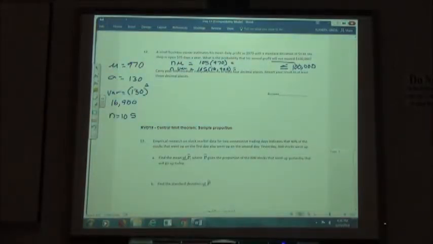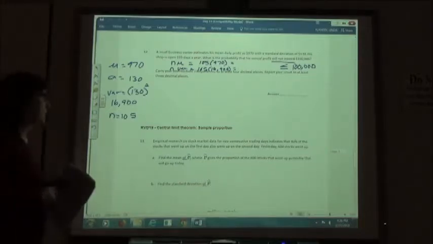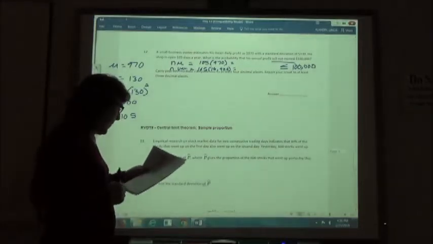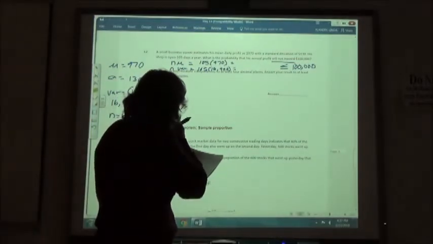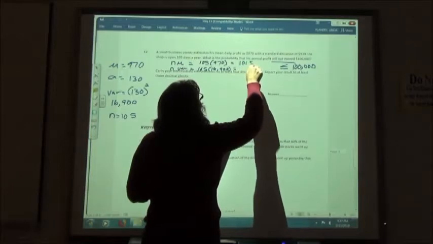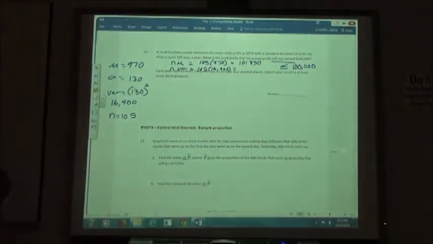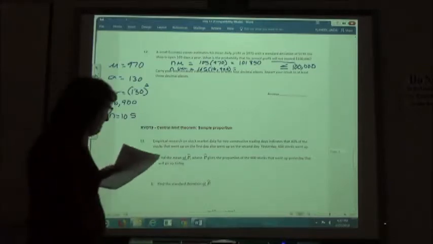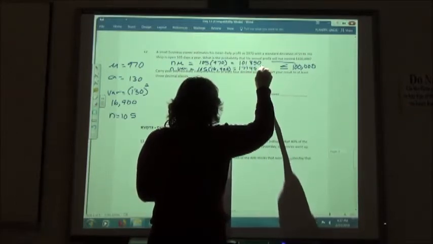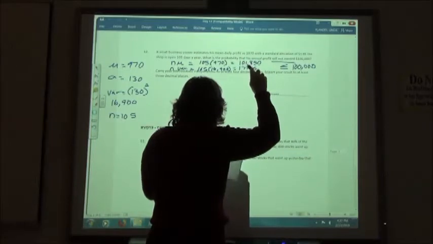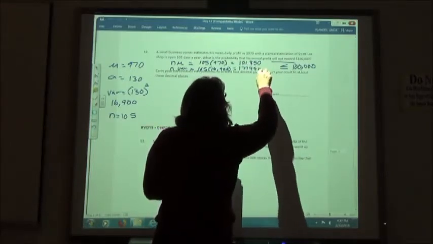So 105 times our 970 gives us 101,850, and then on the bottom one, 105 times the 16,900 is 1,774,500.